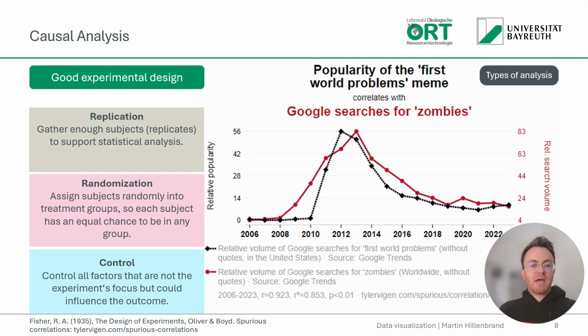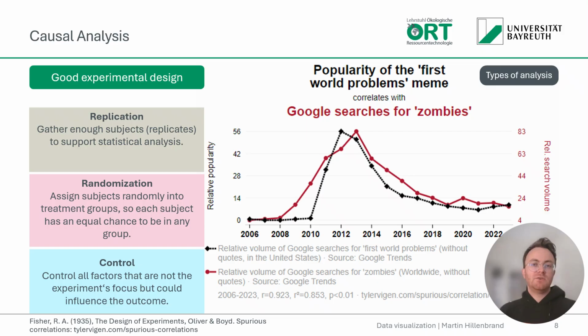So each subject has to have the equal chance to be selected for one of the two groups in order to ensure that you have groups that are really representative for your population.